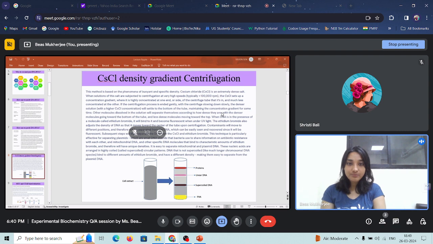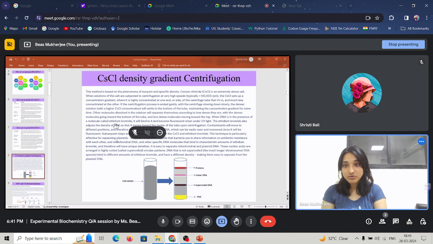Now, when DNA is in the presence of a molecule called ethidium bromide, it will bind to it and become fluorescent under UV light.